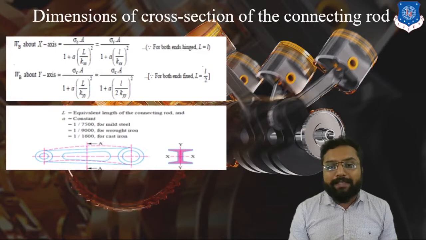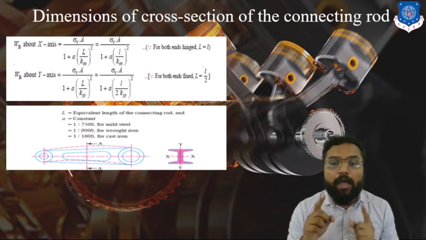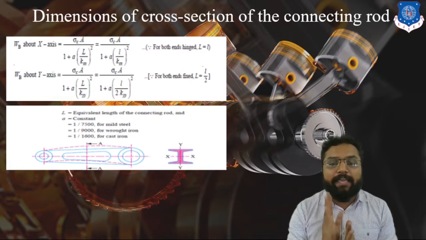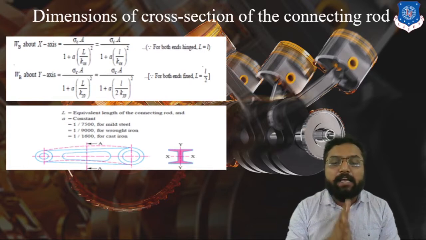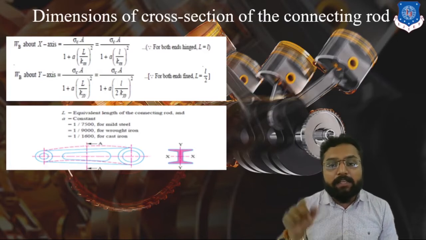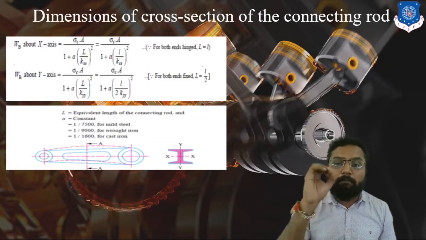Clear? So here you can see this is the equation: sigma c into A divided by 1 plus a into L upon kxx square, where L is the total length, kxx is the radius of gyration, sigma c is the compressive stress, A is the cross section area, and small a is a constant depending on different types of material. Clear?